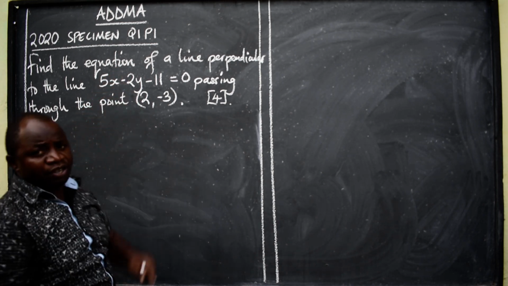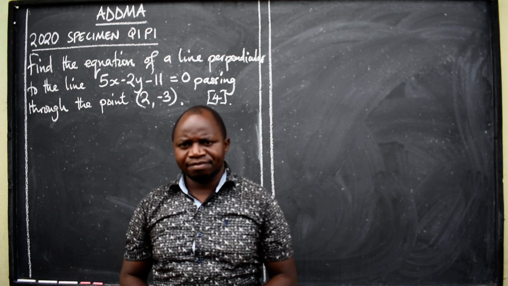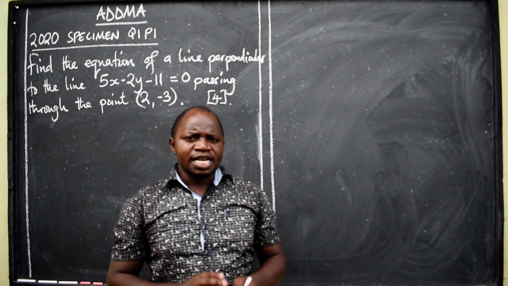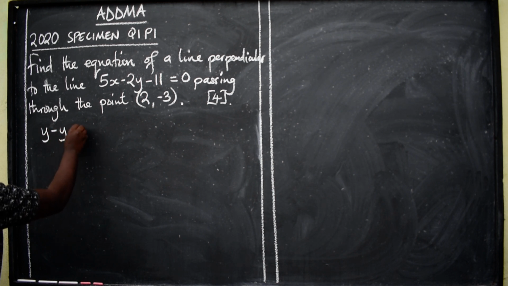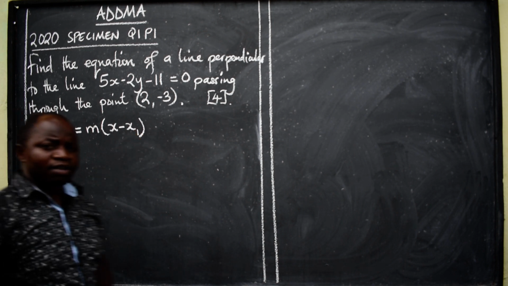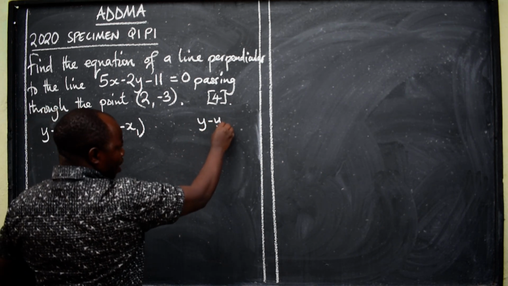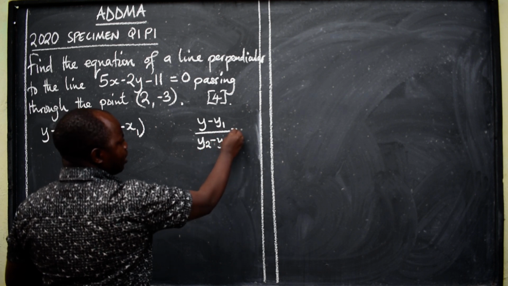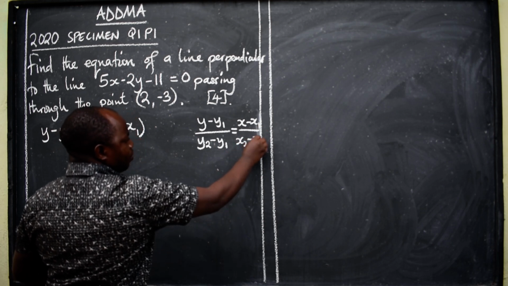We are asked to find the equation, right? So whenever you are asked to find the equation of a straight line, think of two formulae. One is this one here: y minus y1 is equal to m(x minus x1). That is the first formula. The second one is (y minus y1) over (y2 minus y1) is equal to (x minus x1) over (x2 minus x1).